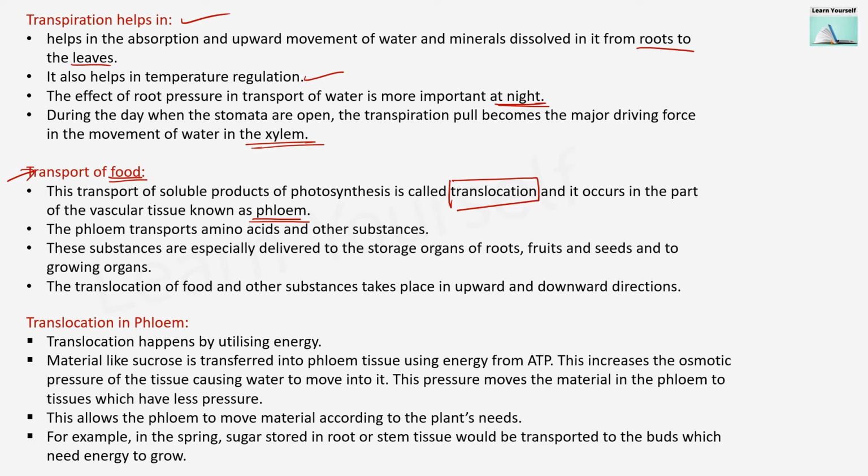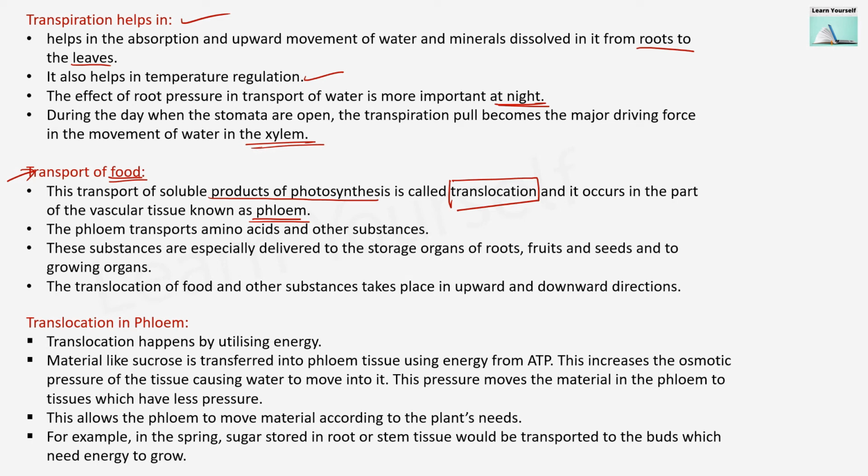Now what is the meaning of dissolved product of photosynthesis? The food. The leaves are preparing the food particles in presence of sunlight and carbon dioxide, and that process is photosynthesis. So soluble products of photosynthesis means whatever food particles they are preparing via photosynthesis, that is being translocated with the help of phloem tissue.